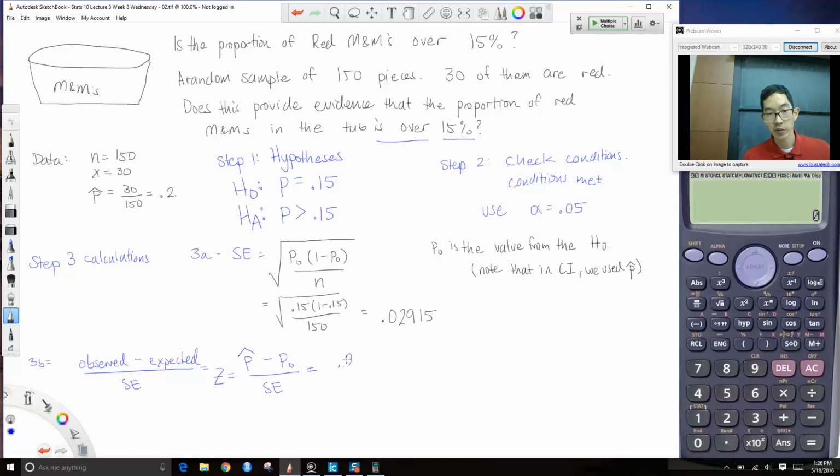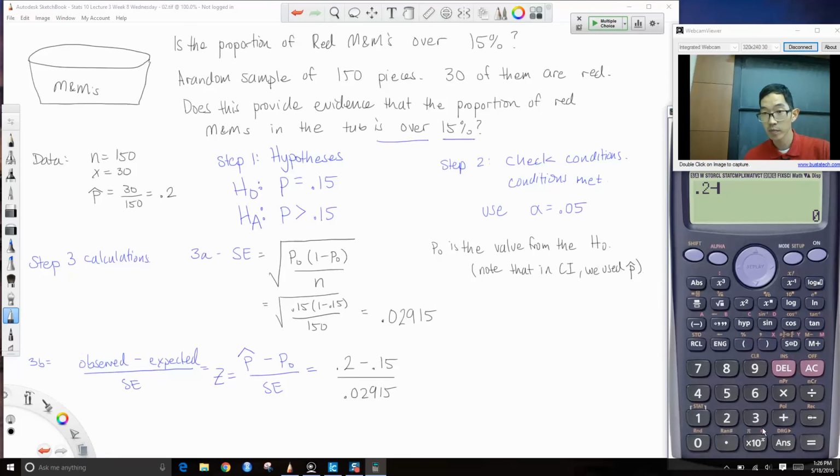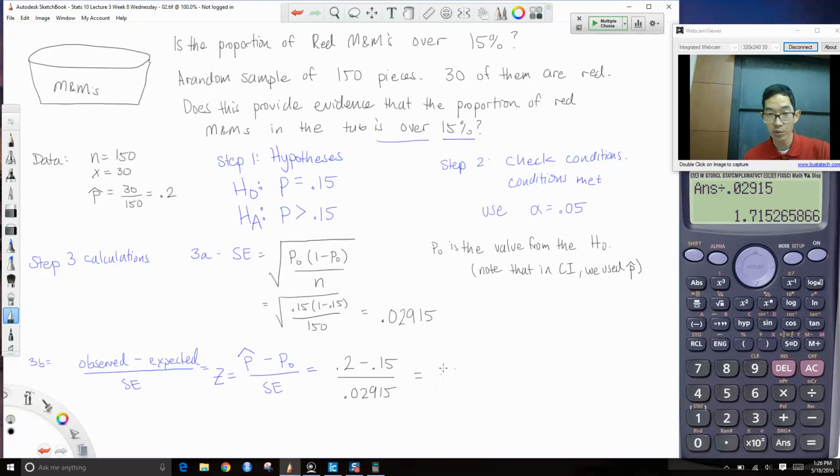And so we have 0.2 minus 0.15 divided by 0.02915. And so I get a z-score of 1.72. Okay. And that's my test statistic. So z is equal to 1.72.